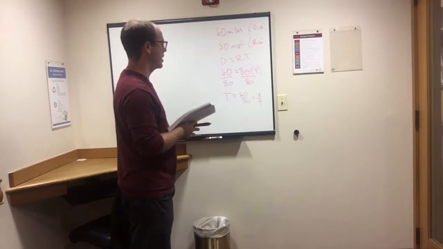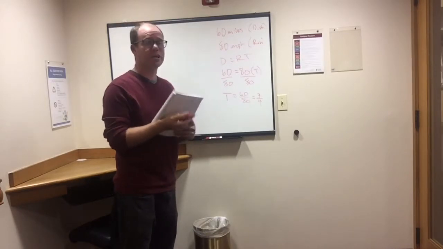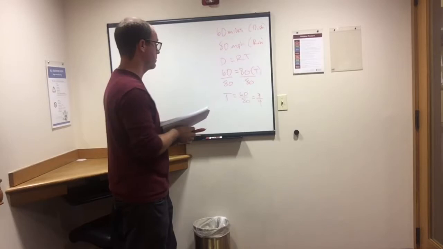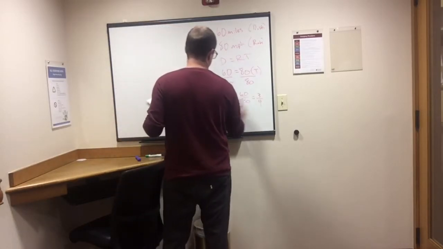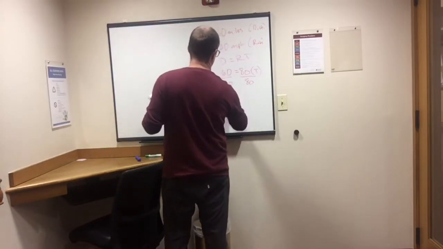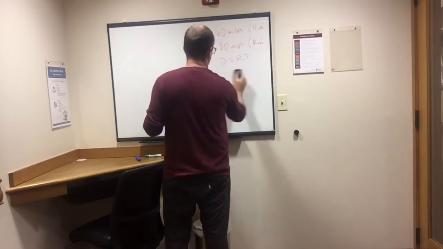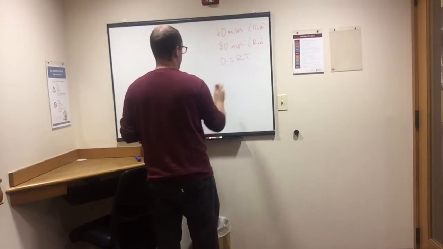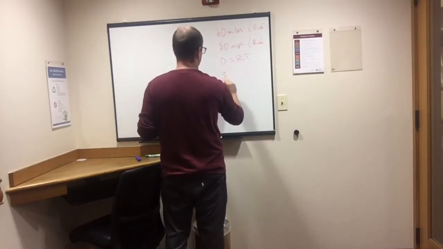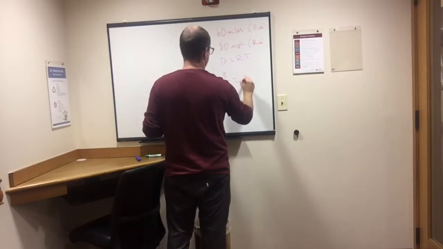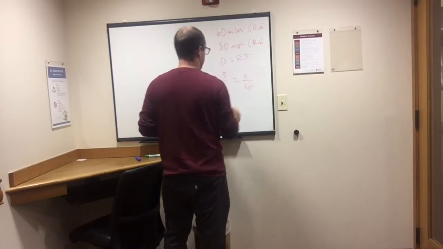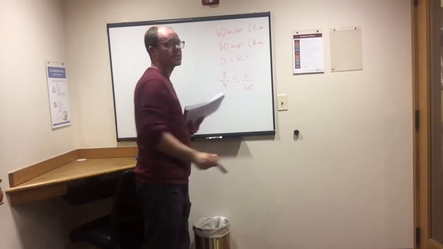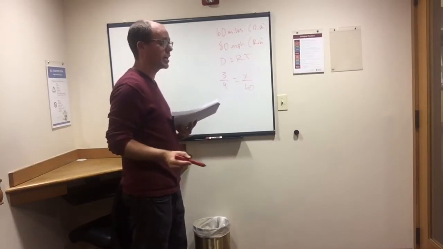If you know that 3/4 of an hour equals a certain number of minutes, great. If you don't, that's fine. We'll set up a quick equation: 3/4 of an hour is how many minutes out of 60, because there's 60 minutes in 1 hour.